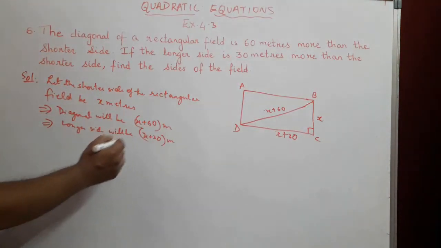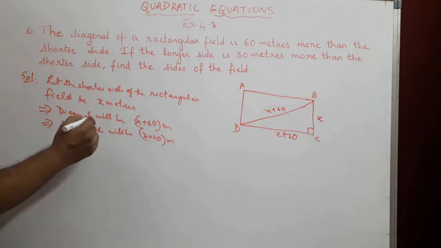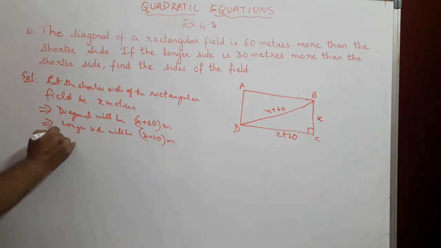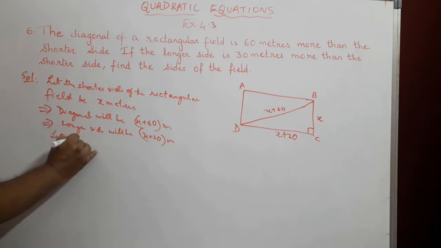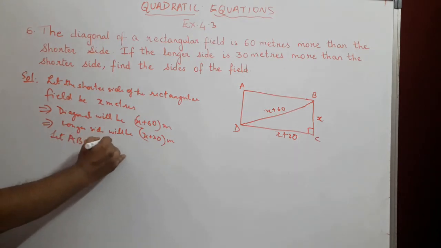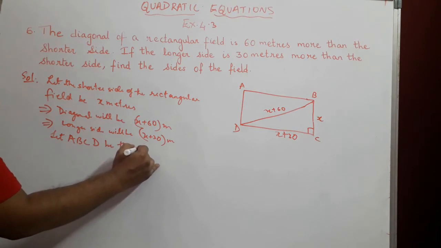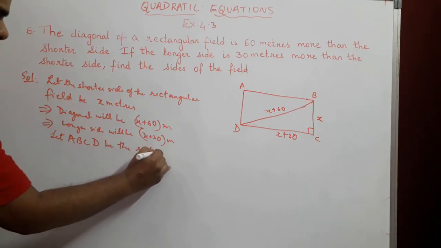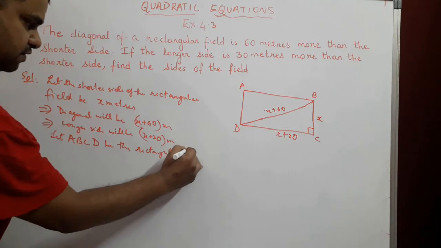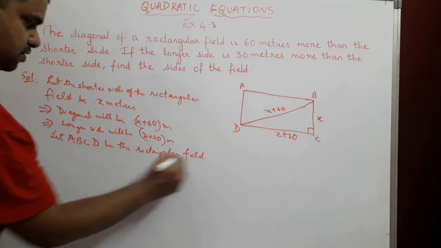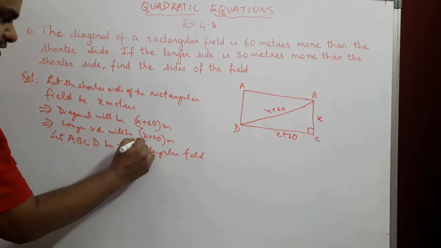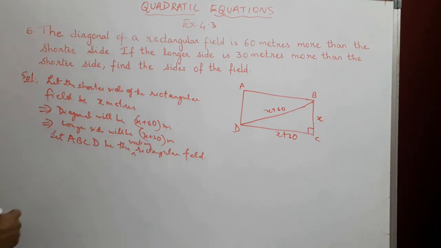Now, let A, B, C, D be the vertices of the rectangular field.